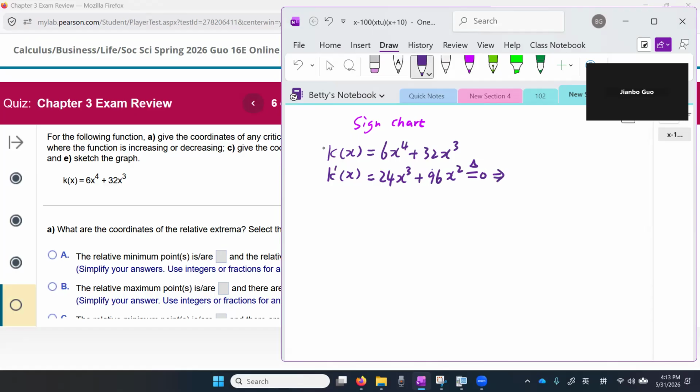Let's see what x equals. We want to factor this function.